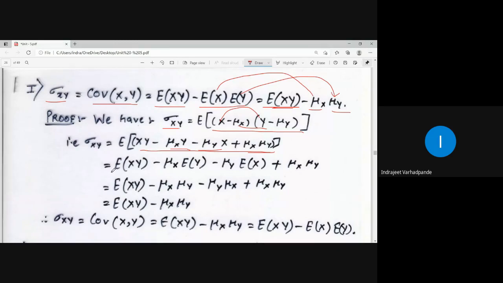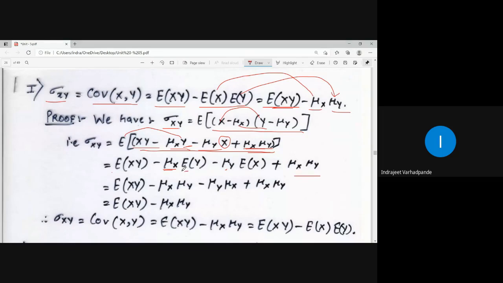So the expectation of xy, then mu x into expectation of y. Mu x is taken outside because it is a constant quantity, some finite quantity. A constant term is always taken outside when you calculate the expectation of a random variable. Mu x itself is the expectation of x, which is a finite quantity, therefore it is taken outside. This is the expectation of y, minus mu y into the expectation of x, plus this constant term as it is. The expectation of a constant k is k itself, so it is mu x mu y itself.